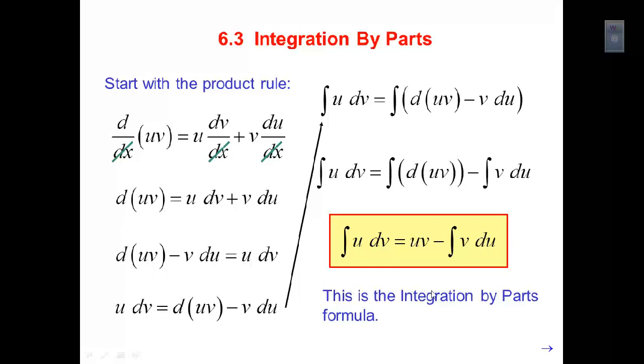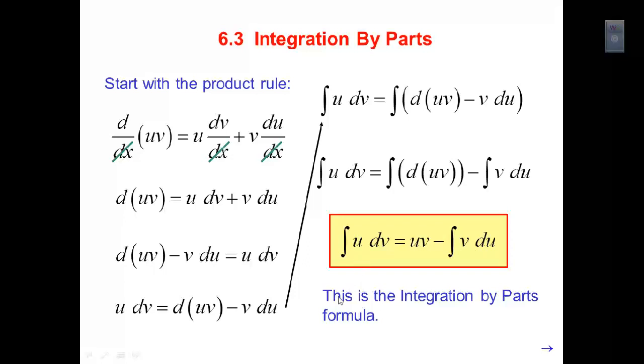This one, you're going to have to choose a u, and you're going to have the rest of it be the dv. And then you're going to integrate the dv to find v, and we're going to differentiate the u to find du.